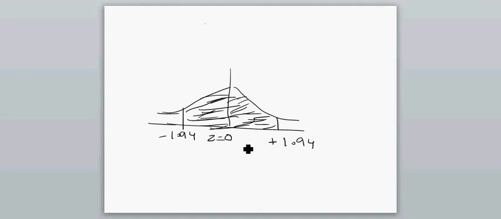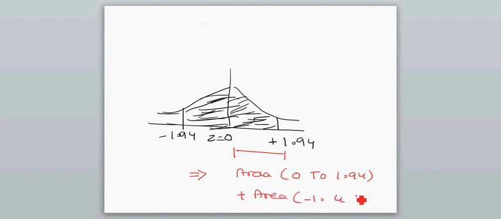So what you can do, from the normal distribution table you will get the area from 0 to 1.94, and the other side is also the same, minus 1.94. This area will be the same. So you can add area from 0 to 1.94 two times, or plus area from minus 1.94 to 0, both will be the same.